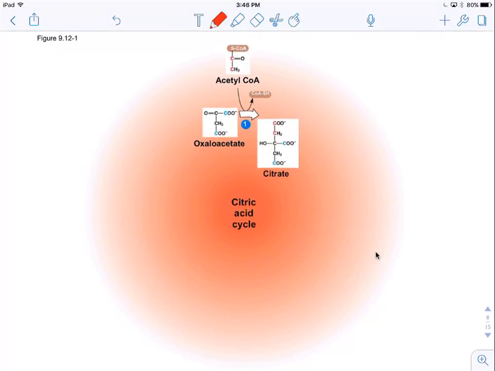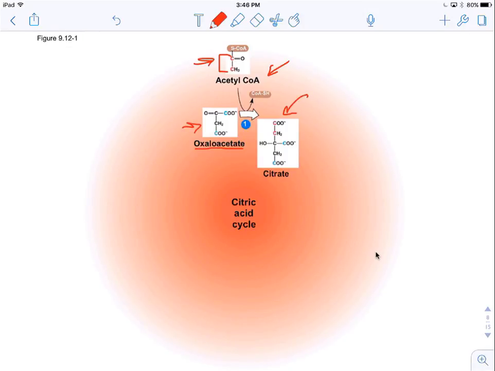So now we have acetyl-CoA here, and remember, this acetyl group is what remains of pyruvate. So that's where the remaining energy of glucose is stored. That acetyl group combines with oxaloacetate, okay, and then forms citrate. So you see, if you look at the color coding, we've got 2 red carbons here and 3 blue carbons here.